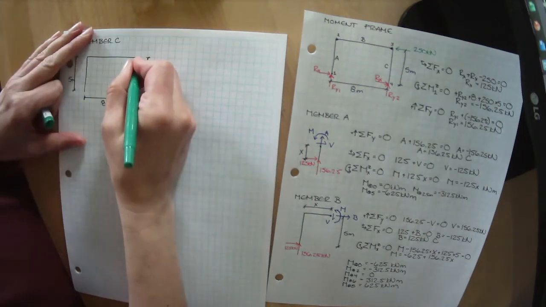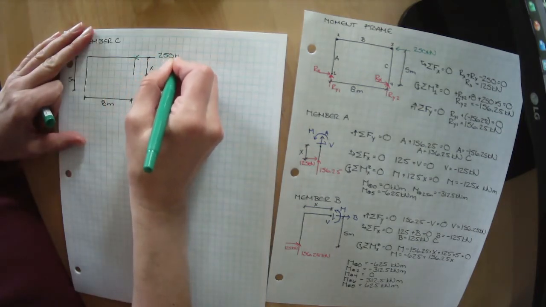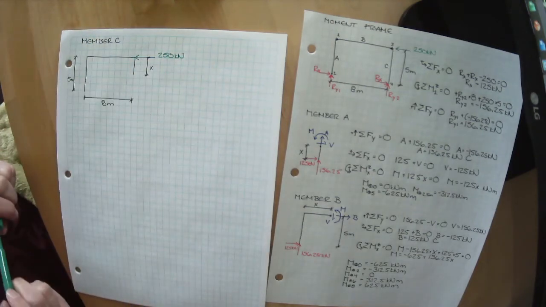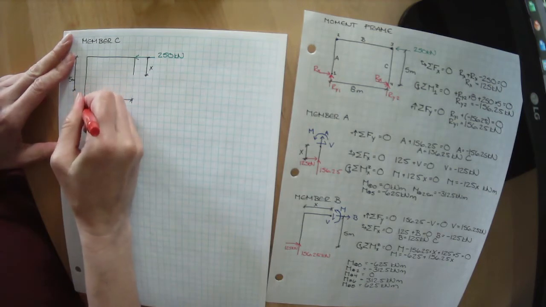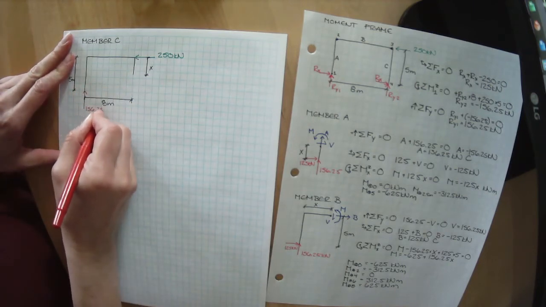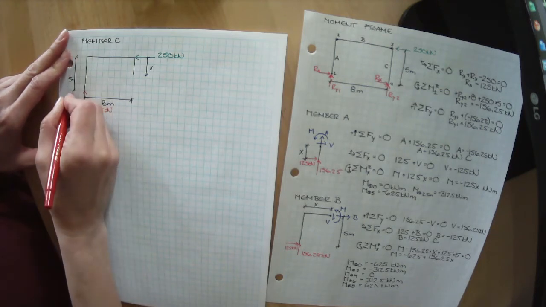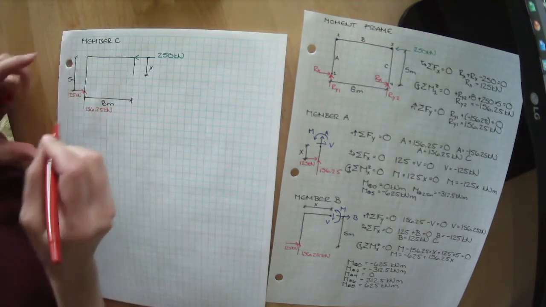We have our applied load of 250 kilonewtons, because we've cut past where the applied load is now. We know we've got reactions of 156.25 kilonewtons here and 125 kilonewtons here.